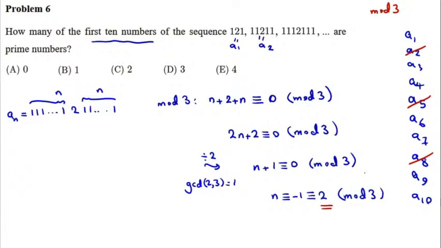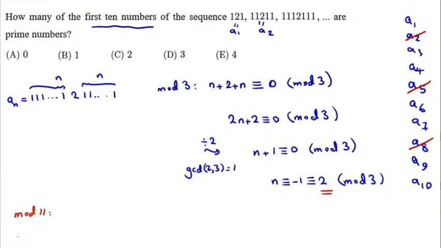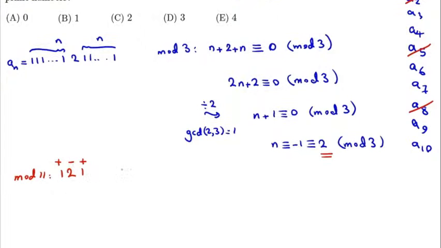Now, mod 5, obviously, the remainder is determined by the last digit, which is 1, so it's not useful. Mod 4, not useful. Mod 11 can be useful. Why? Because if you pay attention, for example a1, you should consider from the right side plus, minus, plus. So we will see mod 11 it will be 0. And if you consider a small example, as I told you in the video before the exam, check some small examples: it will be plus, minus, plus, minus, plus.